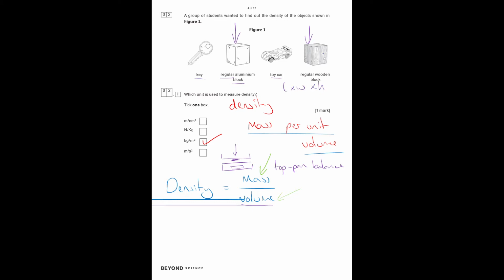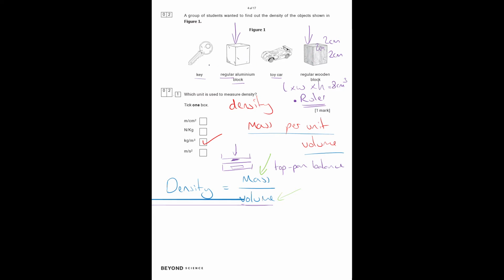For example, if this regular wooden block here was 2 centimeters by 2 centimeters by 2 centimeters, its volume would be 2 times 2 times 2, or 8 centimeters cubed. What would I need to do that? Well, for those 2 blocks, all I'm going to need is a ruler, provided that they're relatively small. So that's how I can do it for those 2 blocks.